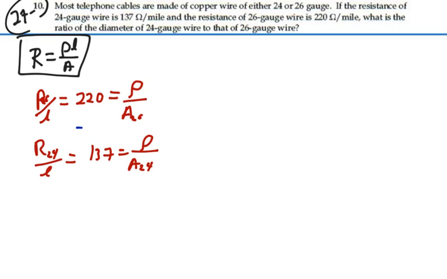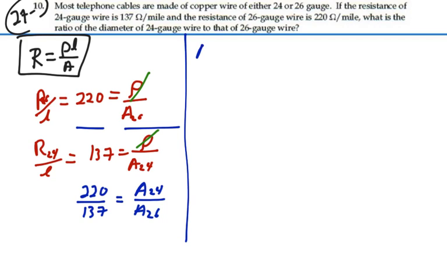If I were to divide these two equations, I would get 220 divided by 137 is equal to, and then the resistivity would cancel out, and I would end up with the cross-sectional area of the 24 gauge to the cross-sectional area of the 26 gauge wire.